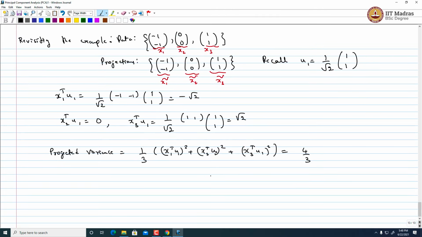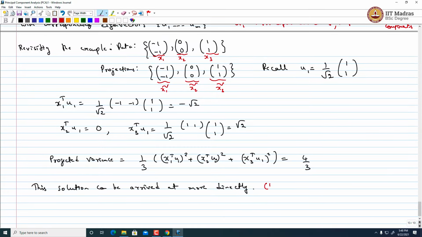But this solution can be arrived at more directly. Question is how?